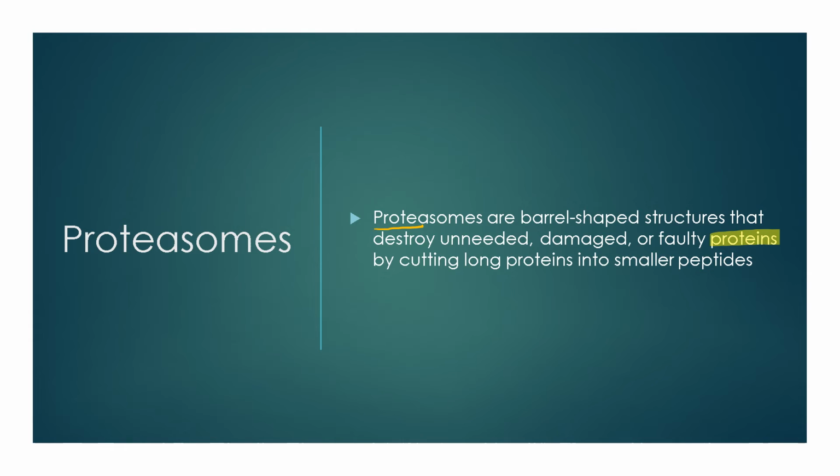Proteasomes are really small and they chop up proteins into amino acids, which can then be used by the cell to be recycled into new proteins. Essentially, lysosomes and proteasomes just work as recyclers. I know I say garbage bins for lysosomes, but really it just breaks everything down into its smallest unit to be reused by the cell and recycled into new fatty acids, new proteins, new carbohydrates.